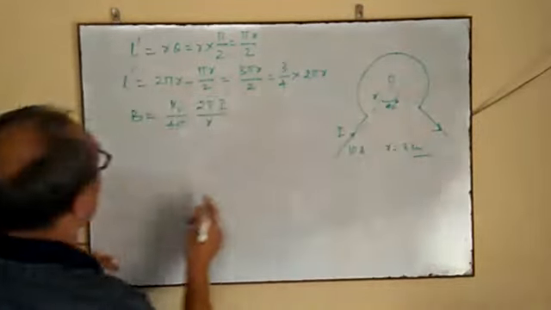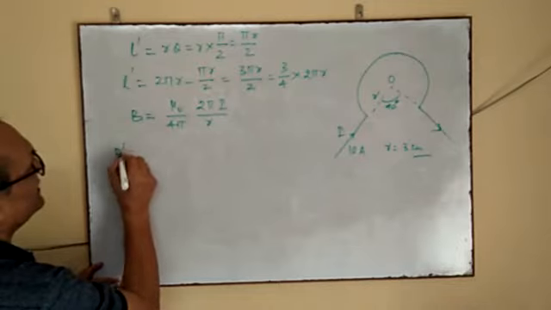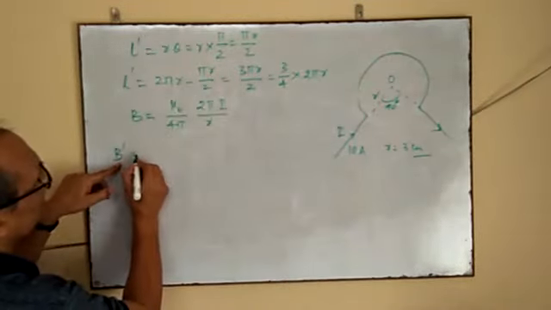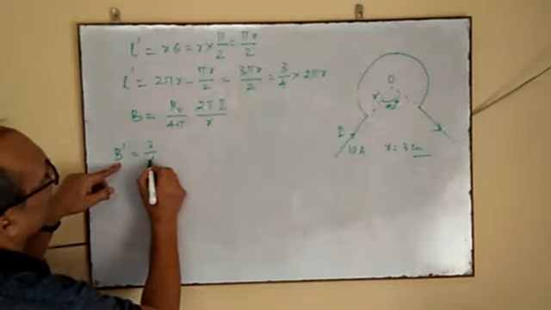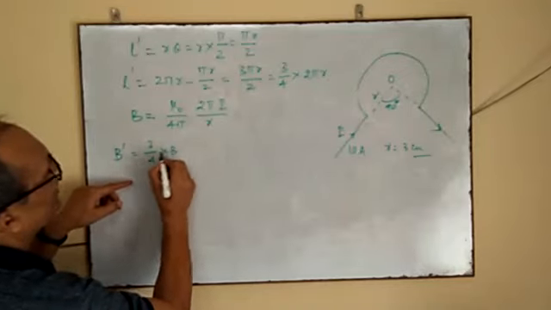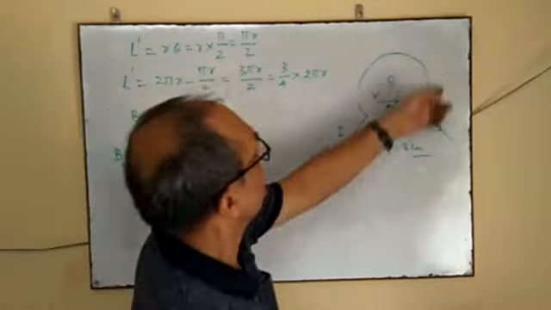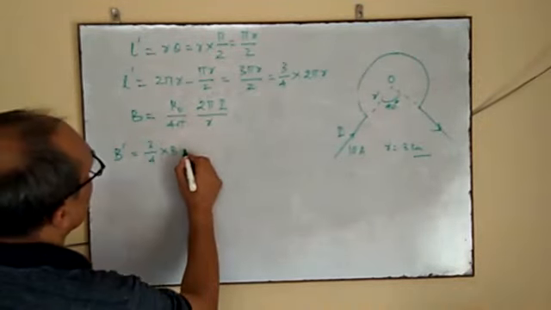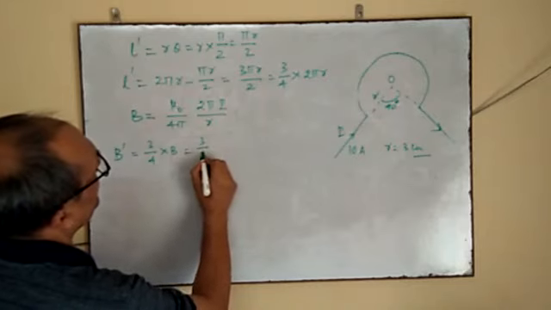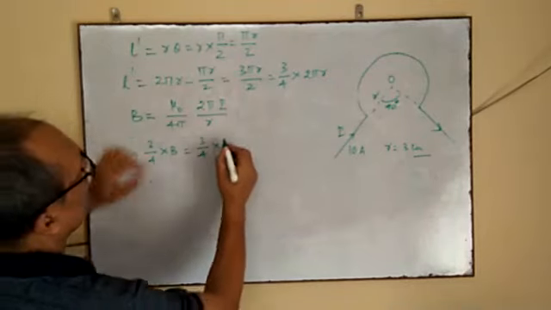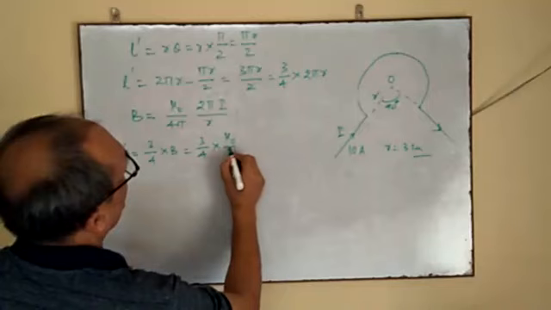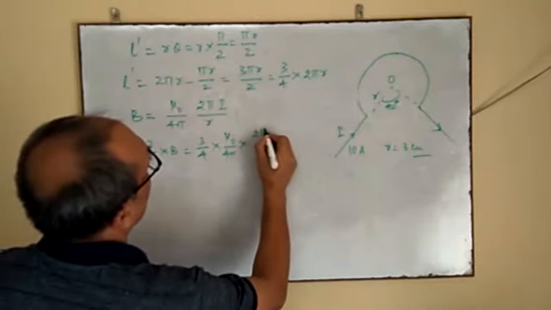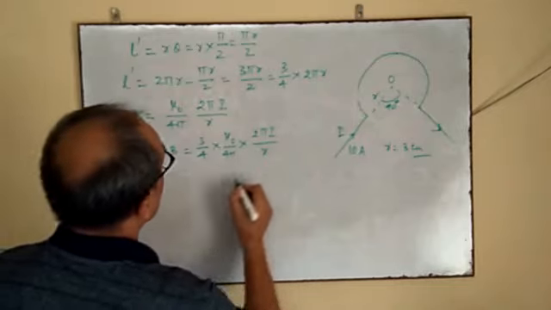The magnetic field due to this portion of the wire is B dash, and it equals 3 by 4 into B, because the length of the wire is 3/4 of the total circumference. So it is now 3 by 4 into mu naught by 4 pi into 2 pi I by R.